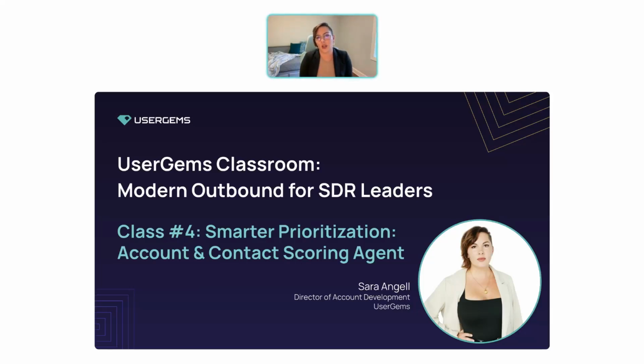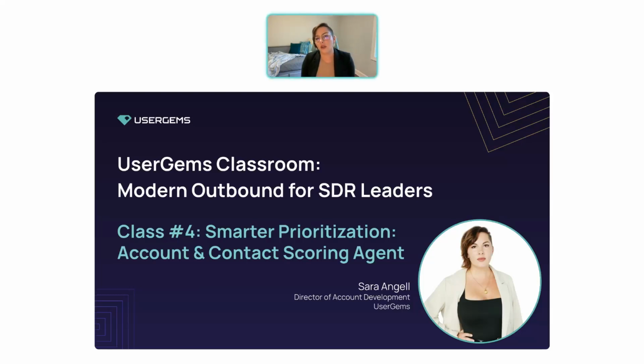Usually you roll out a scored list and tell the team, hey, start here. And then usually what happens next is reps end up ignoring said list. And then you wonder why you gave them the list in the first place. So today we're going to talk about why that happens and how scoring should and could actually work.